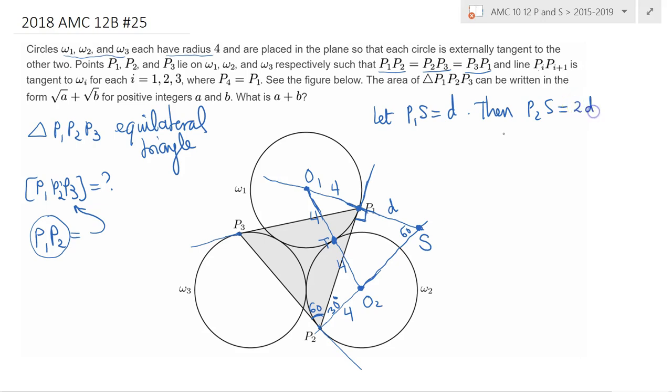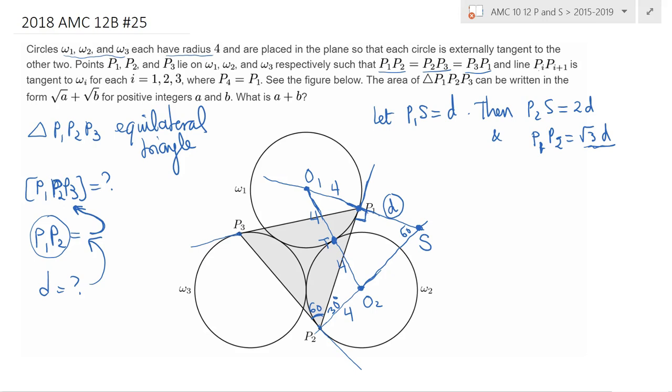And finally, P1P2, opposite 60 degrees, would be root 3 D. And this is actually what we needed. So we boiled down the question to calculating D. If I calculate D, it will give me P1P2, and in turn P1P2 will give me the area of this triangle P1P2P3.